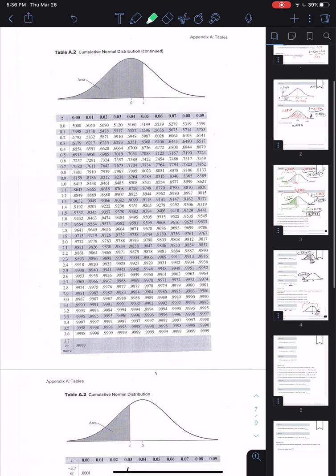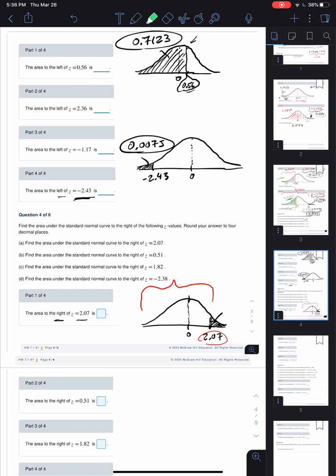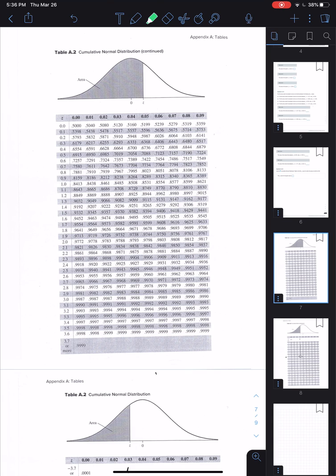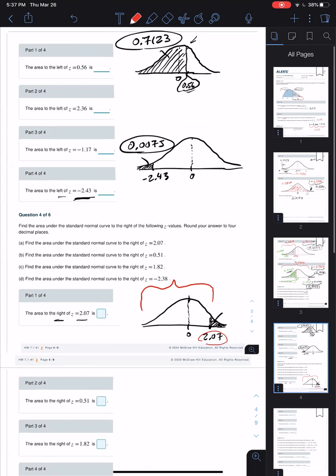Okay, so we need to go to 2.07. And my glasses, there's 2.07. That's going to be right there, which is 0.9808, which is essentially 98% of that data.